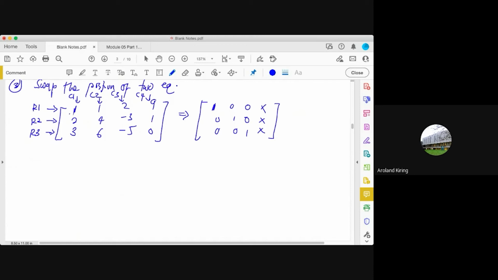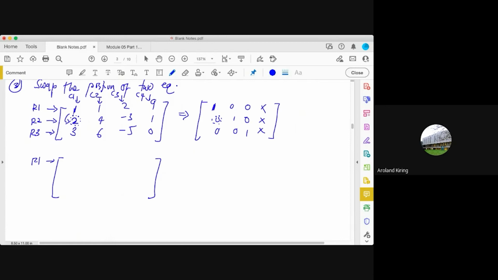So you move to another row, which is row 2, column 1. This part, you need to change to 0. To do that, you can choose any of the 3 operations. Let me write here. This is our step 2.